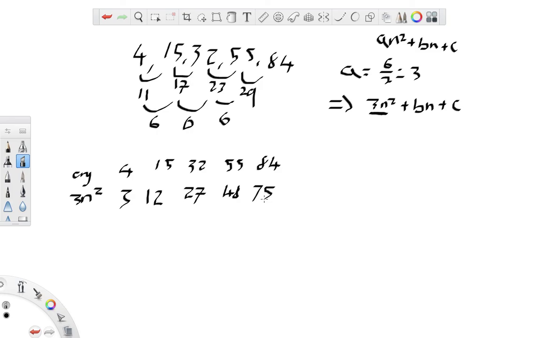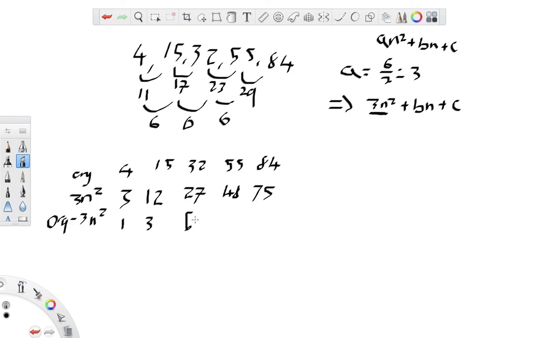What did we do then? Well, we subtracted. So the original minus 3n squared. So 4 minus 3, well, that's just 1. 15 minus 12, that's 3. 32 minus 27 is 5.